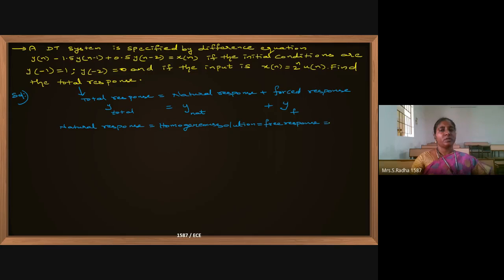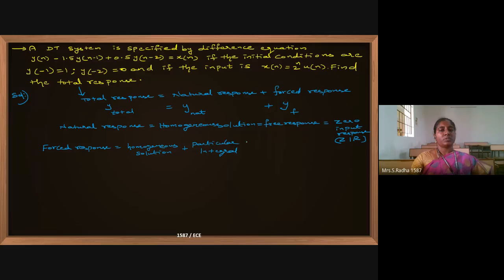Free means no input, so another name is zero input response, ZIR. The forced response is the sum of the homogeneous solution plus the particular integral.